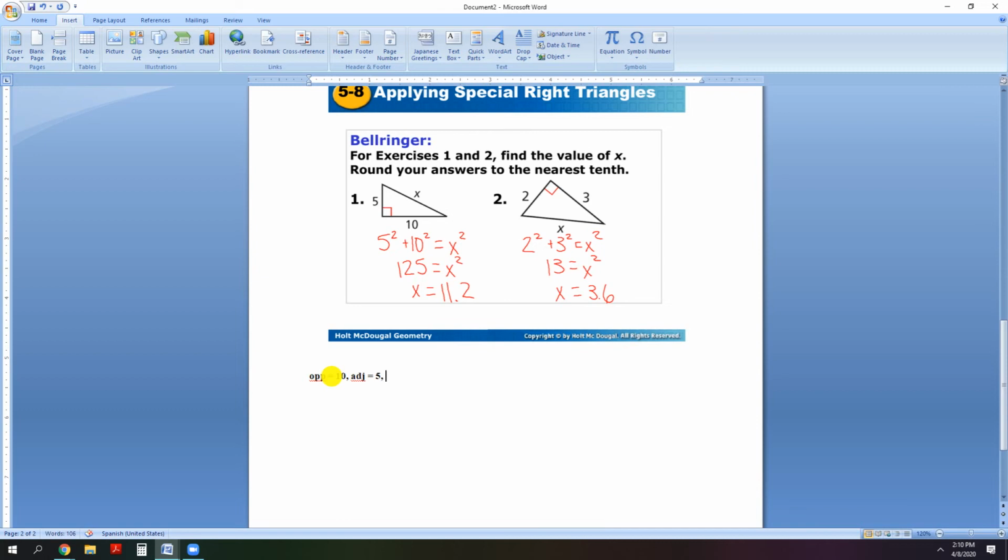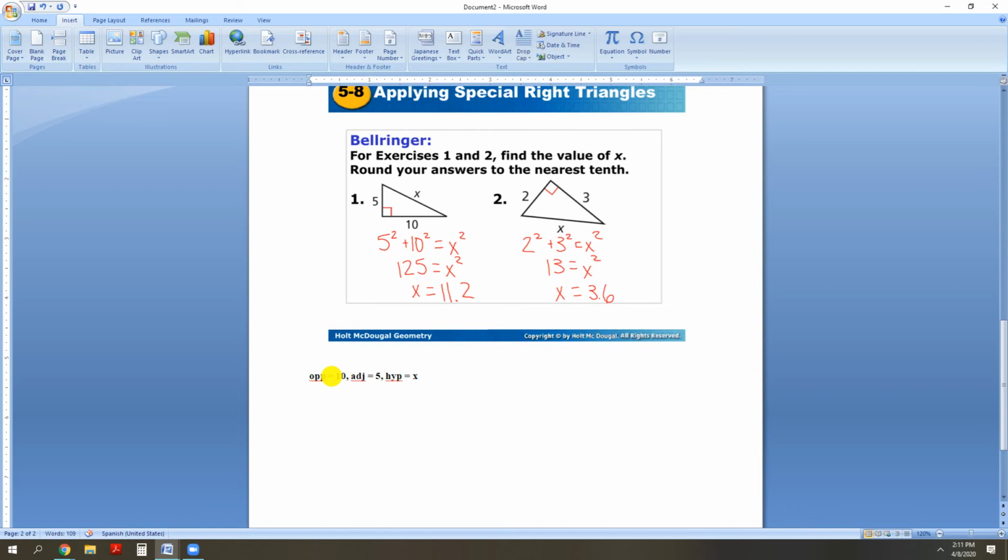Okay, and the hypotenuse, which we don't actually care about, because we only need 2 sides. We can use the hypotenuse if we wanted to. I'm just going to call the hypotenuse x because it's not actually telling us what it is. And now we're just going to solve this. We know the opposite and the adjacent. SOHCAHTOA.